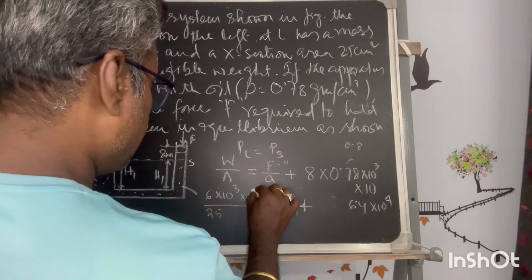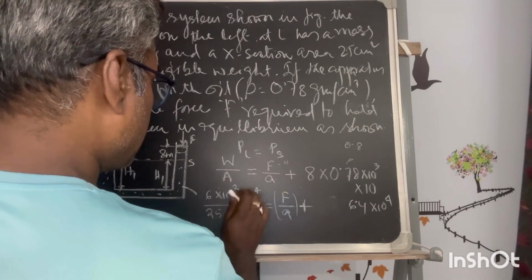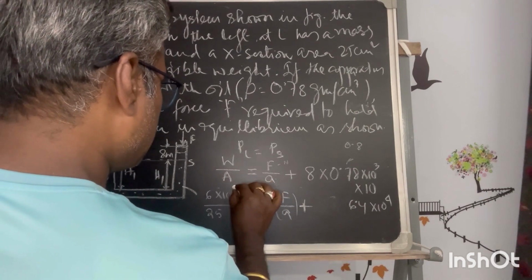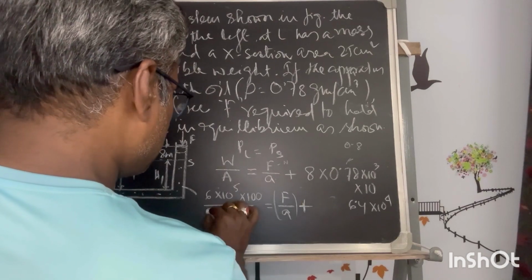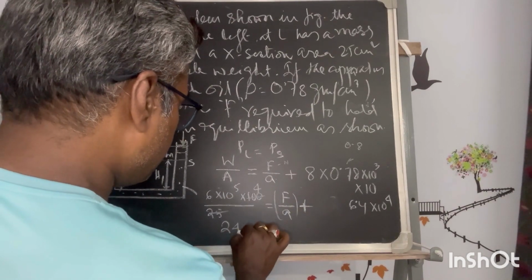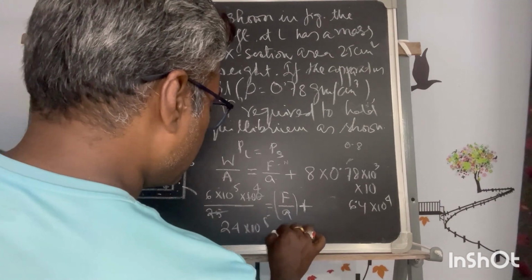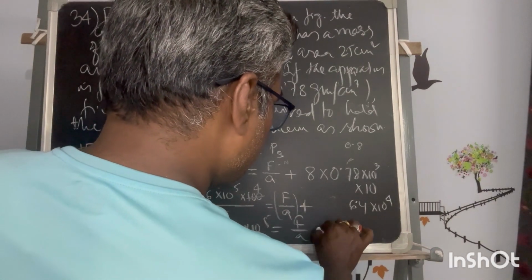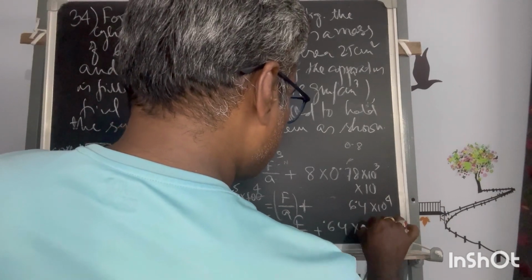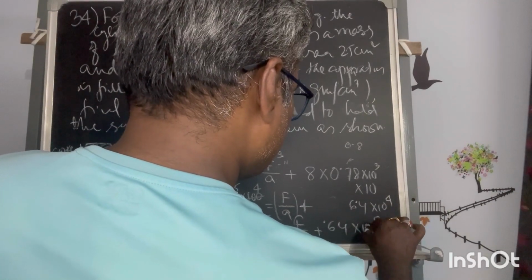So if I make it 10 to the power 5 here, so this will be 24 into 10 to the power 5 is equal to F by A plus 6.4, or 0.64 if I take it rather 10 to the power 5.